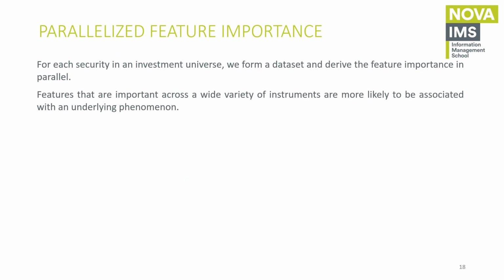Having now addressed substitution effects, we can move on to the last topics for this presentation: parallelized and stacked feature importance. Beginning with the former, for each security in an investment universe we would form a dataset and derive the feature importance in parallel. Features that are important across a wide variety of instruments would be more likely to be associated with an underlying phenomenon.